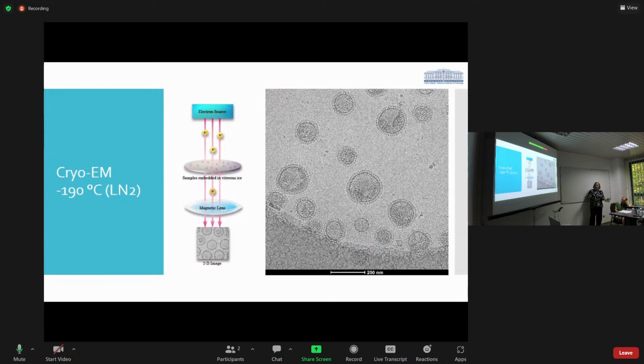which is sustained with quite sophisticated software which allows us to have a nice image of particles, molecules. In this case, influenza virus is quite visible, trapped in the vitreous ice.